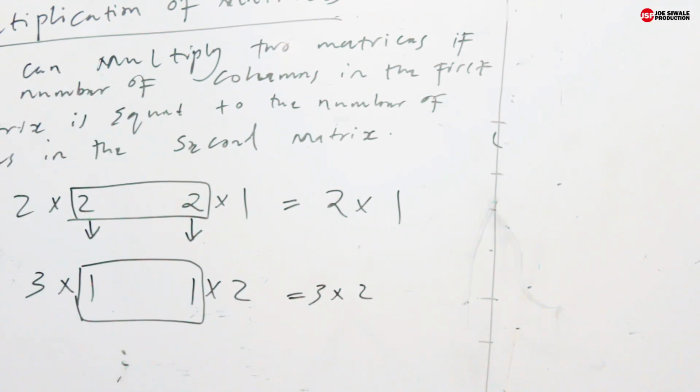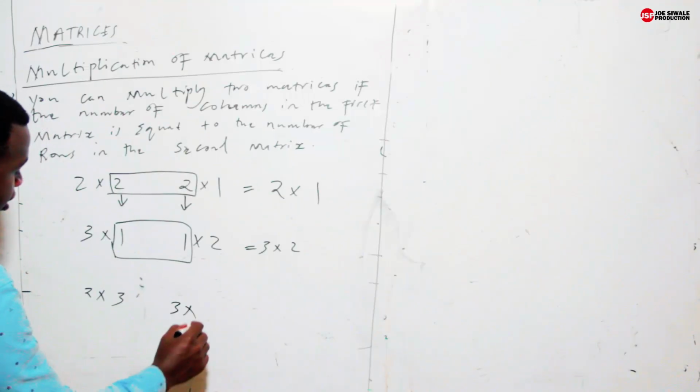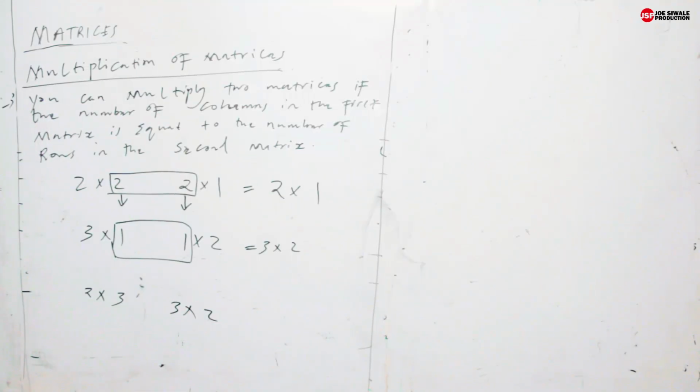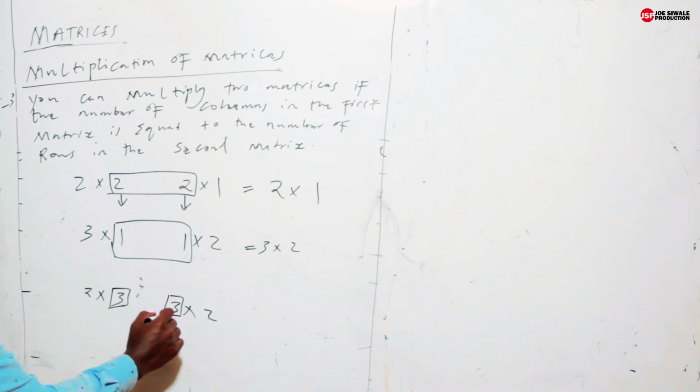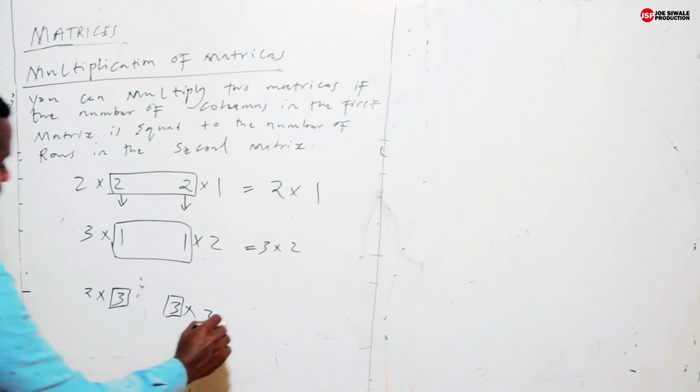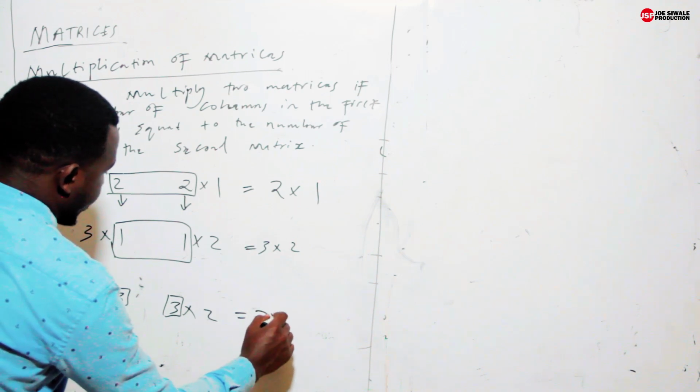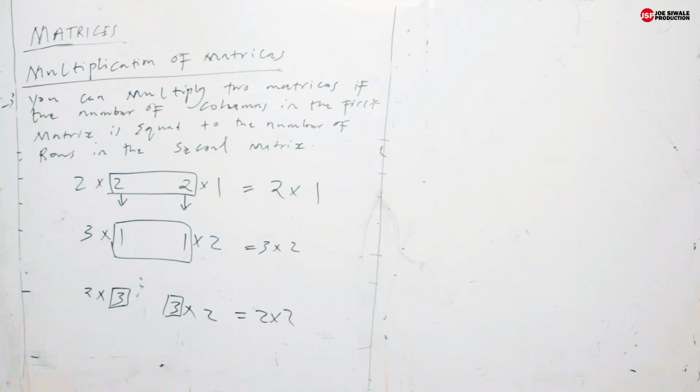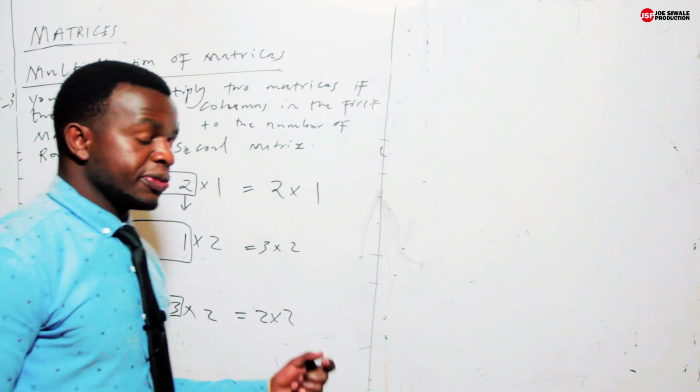Giving another example, if we have a 2 by 3 matrix, then we also have 3 by 2 there. That means that the number of columns and the number of rows are the same, and our product there is going to be a 2 by 2 matrix. So that's how you can multiply two matrices.